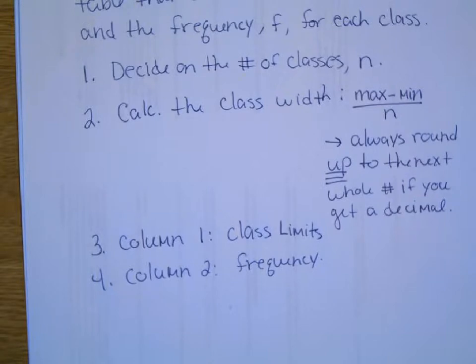Okay, so now we need some data so we can make a frequency distribution. We're going to go with a nice big data set to start with. You need your book open, and you need your calculator.